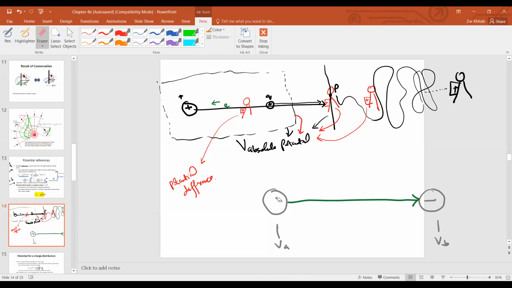Say we have huge positive charges, and say we have a huge negative charge here. Now, if you have an electron here, you know that the electron will always move against the electric field. This is the electric field. Electron will move against the electric field.